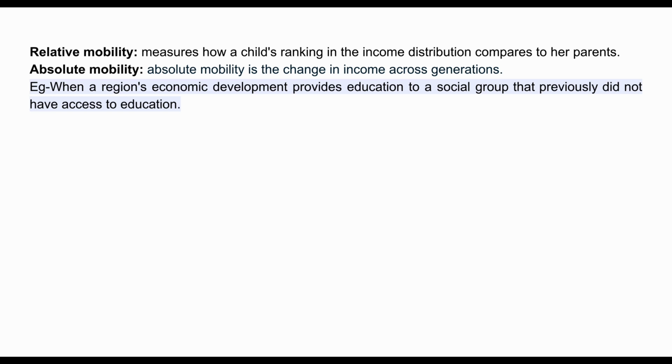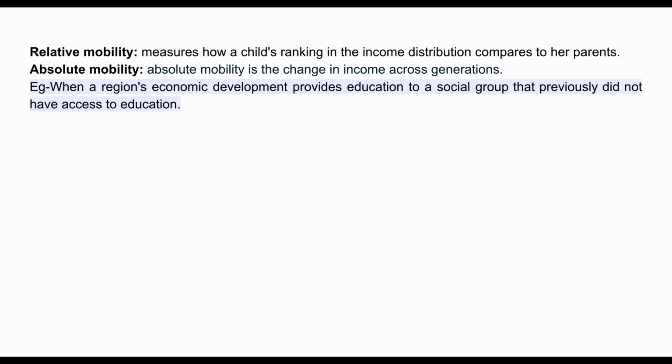I have given a good example. When a region's economic development provides education to a social group that previously did not have access to education, it is bringing a whole group of people to a good position by giving them access to education. This we call absolute mobility.